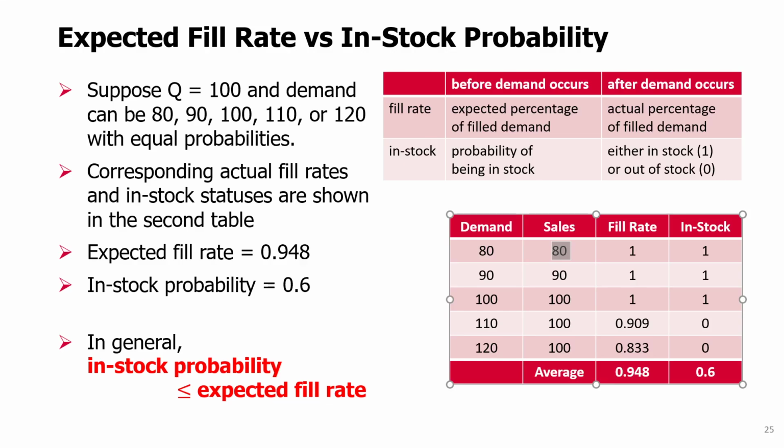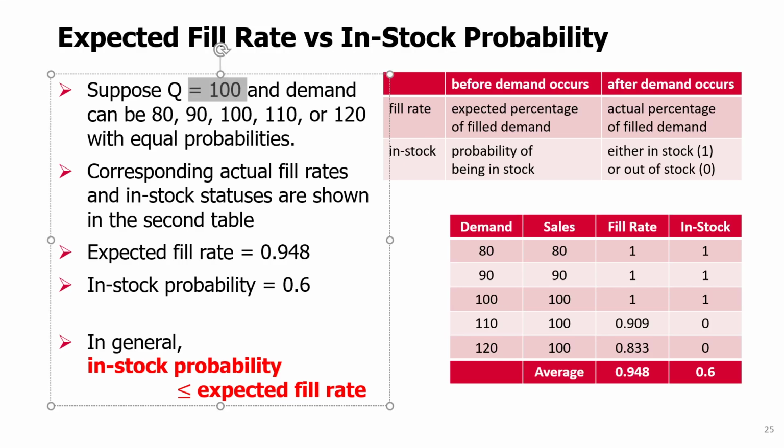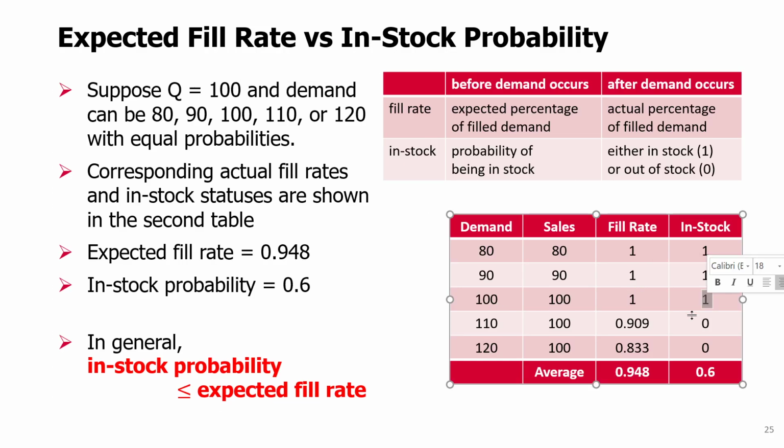We will have enough and we'll have some leftover, so we will fill all the demand. And we will be in stock also, right? If demand is 90, we'll sell 90 because we have 100 units, again, the 1. If demand is 100, we match exactly the quantity, right? We have a fill rate 1 and in stock status 1.